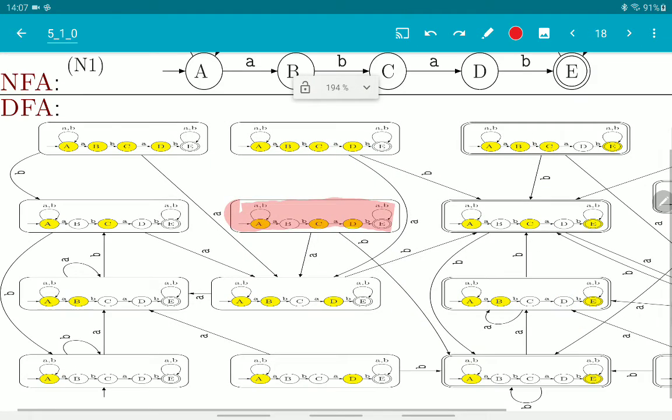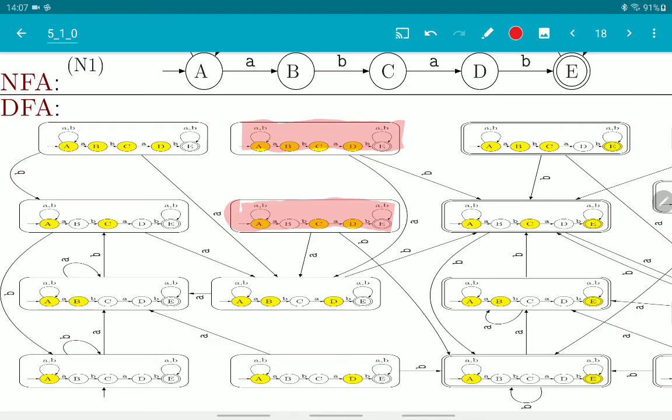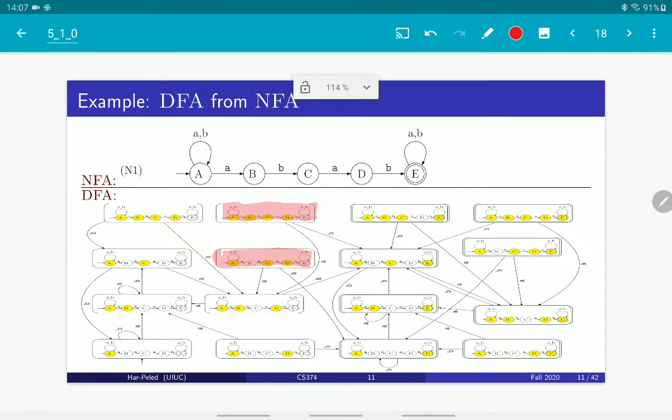So we have one state here, one state here, etc. If you counted, you would notice that there are only 16 states here, but there should be 32, right? Because the original NFA has 5 states, so there should be 32 configurations.